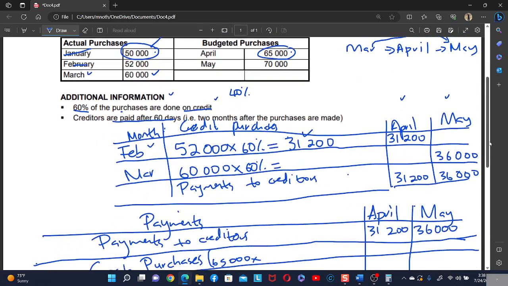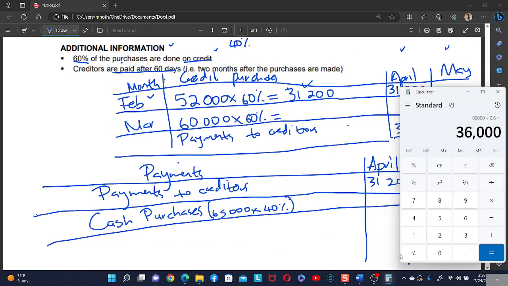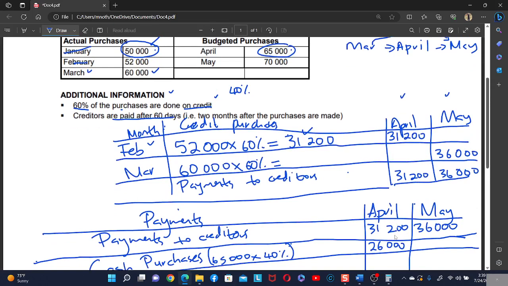The business is going to buy on cash, so times 40%. 65,000 multiplied by 40% is going to be 26,000.